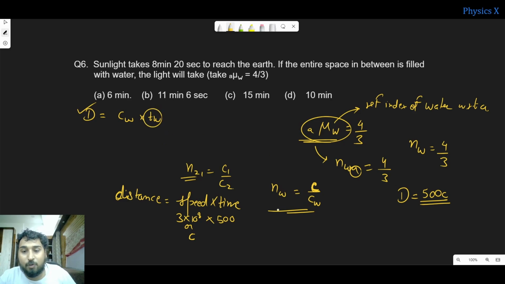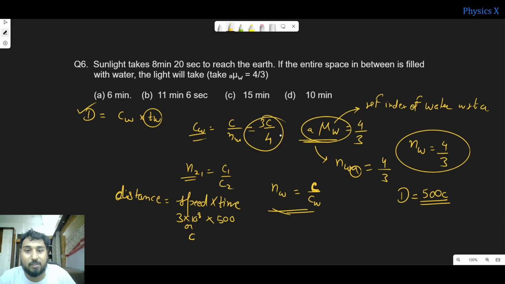So what is cw from here? Cw is nothing but c upon nw. And what is nw? nw is 4 by 3. So c upon 4 by 3, that means 3c by 4. So cw is 3c by 4. So I will use it here, right? So d was 500c, cw is 3c by 4 and tw.